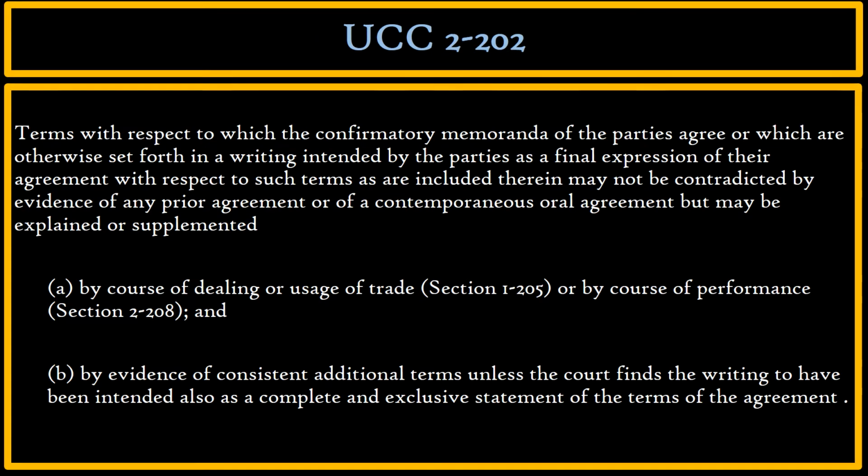Let's return to UCC 2-202 and see how it applies to the admission of evidence of course of dealing, usage of trade, or course of performance. All right, it's right there in 2-202 sub A. It deals with course of dealing, usage of trade, or course of performance. Now the question is, when will that be admissible when we have a written agreement?